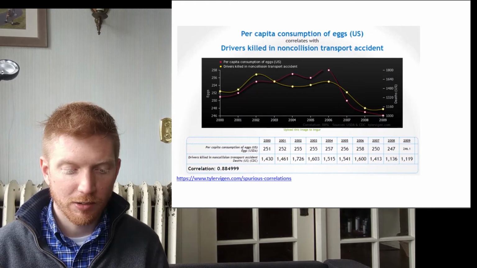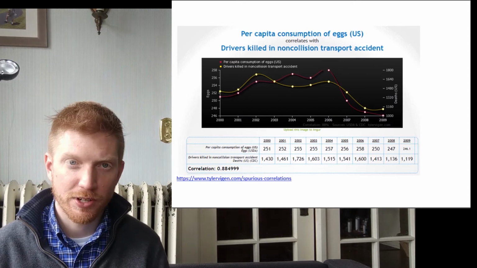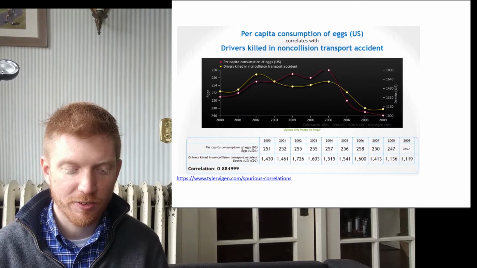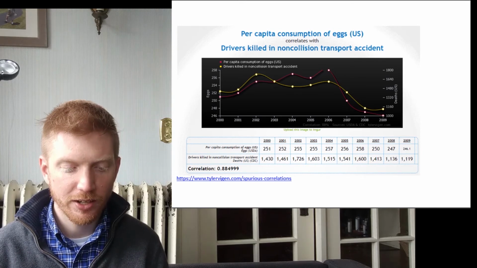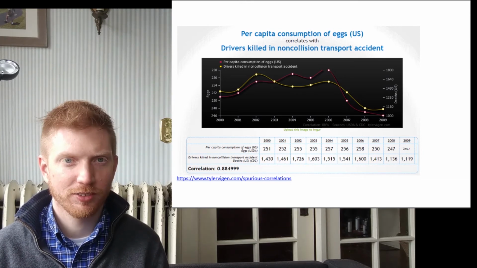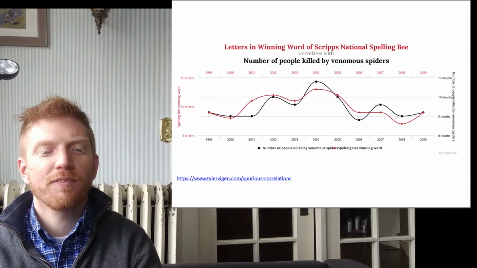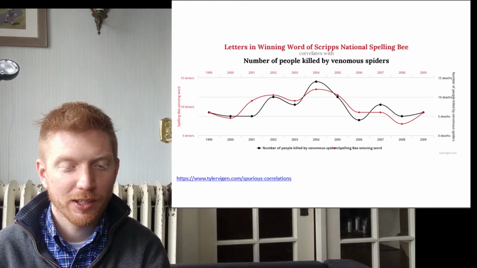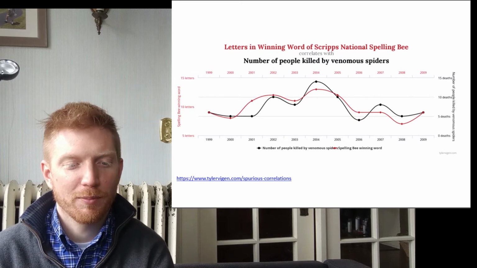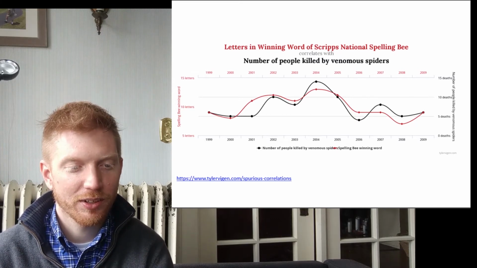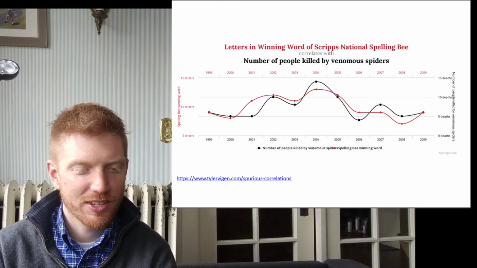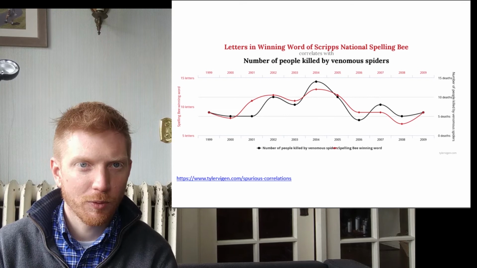The per capita consumption of eggs in the US is correlated very strongly with the number of drivers killed in non-collision transport accidents. And finally, the number of winning words in the spelling bee is correlated here with the number of people killed by venomous spiders. So clearly we need to use fewer words in the spelling bee to save lives. That would be the policy question.